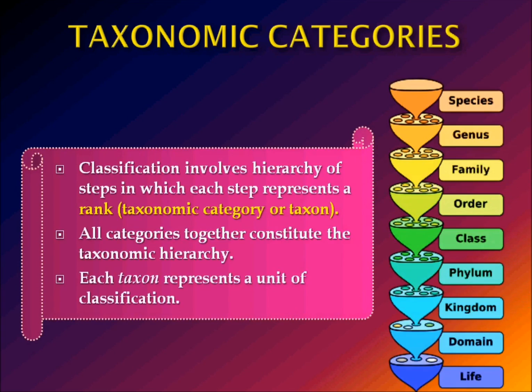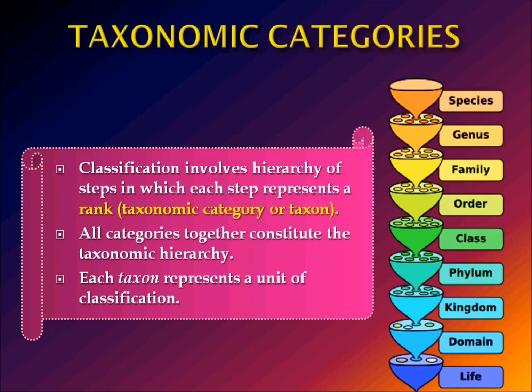As you can see here, certain terms like species, genus, family, order, class, phylum, kingdom, domain and life form a series of different ranks placed in ascending or descending order. We can start with life, domain, kingdom, phylum, class, order, family, genus and species. They can be placed in vice versa order also.